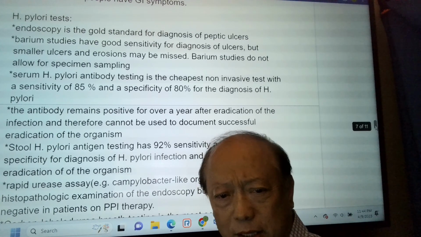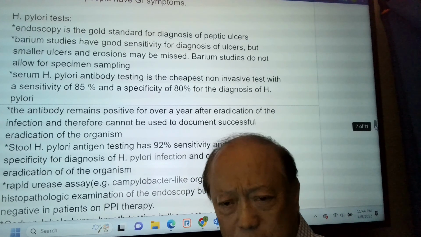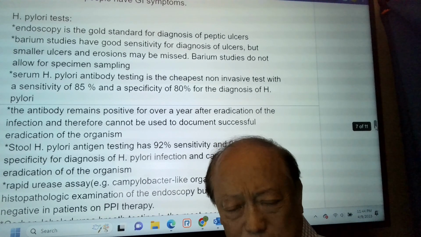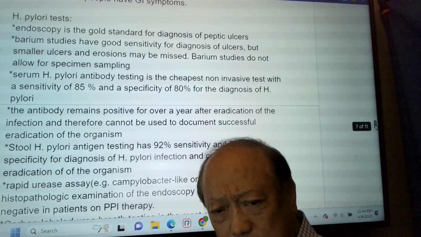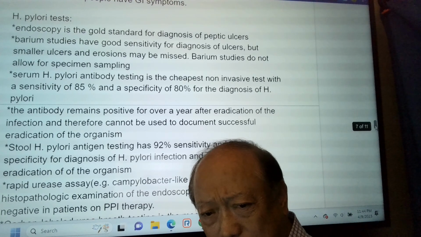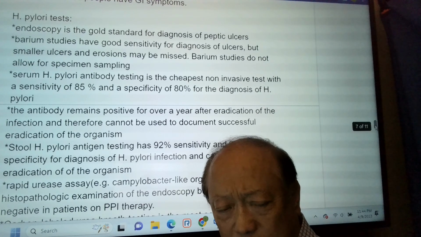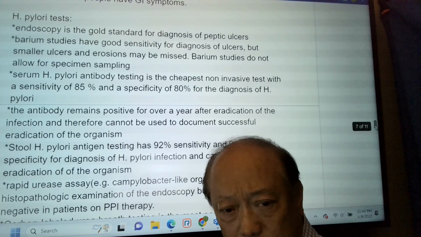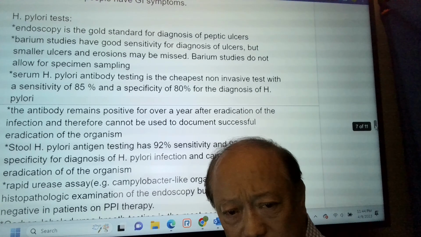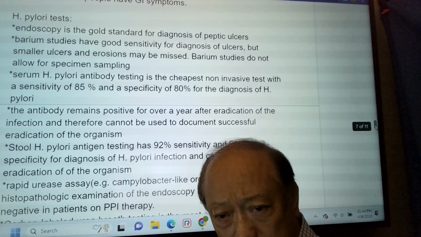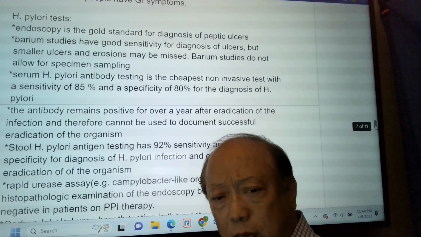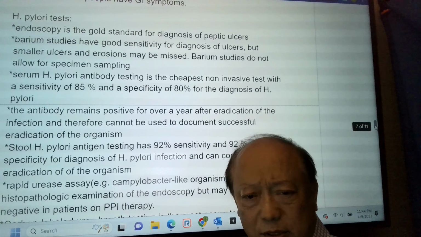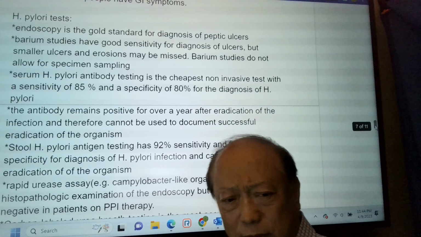Serum H. pylori antibody testing is the cheapest non-invasive test, with a sensitivity of about 85% and specificity of about 80% for diagnosis of H. pylori.